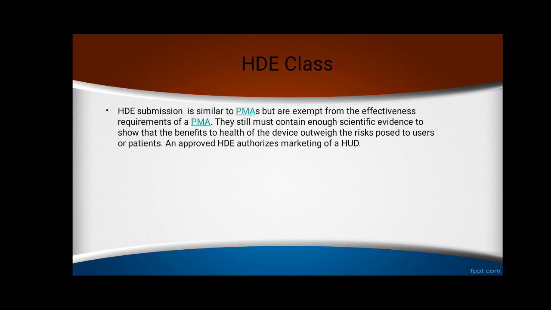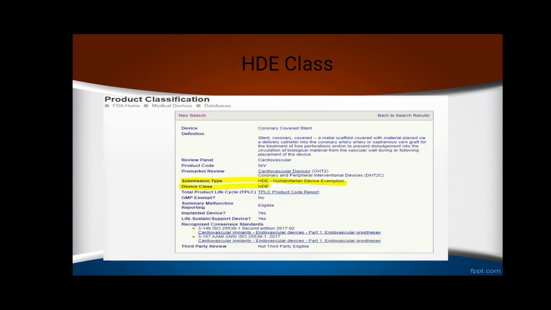An approved HDE authorizes marketing of a HUD. An example of an HDE device is a coronary covered stent. As you see, the device class is HDE and the submission type is HDE.